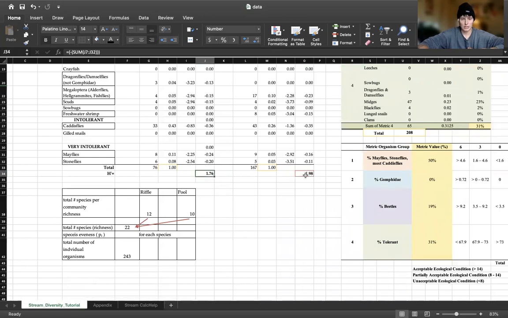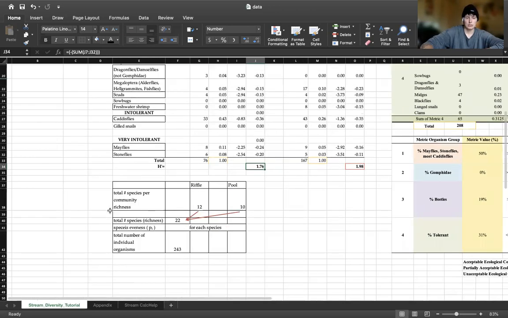So this value right here, H prime, considers the species evenness and the species richness of a community, using that to assess the structure. And remember, evenness is the P sub I value, and the richness is equal to the total number of species observed.